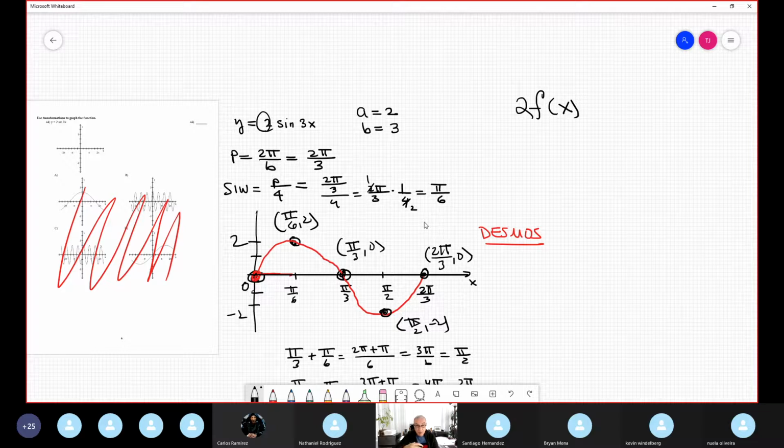You need to know by memory that the basic sine has amplitude 1, between 1 and negative 1. So you have 2 in the front, so your new amplitude is 2. This is clear? Okay, I got it. Thank you, Professor.